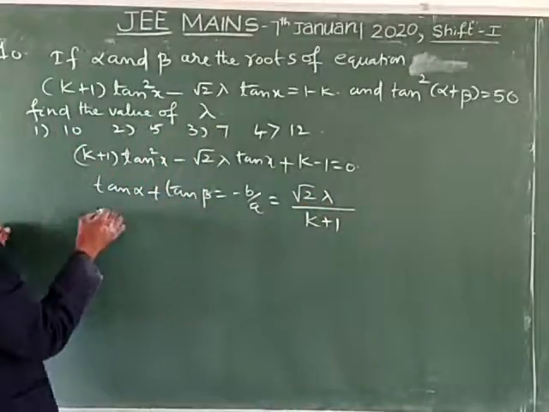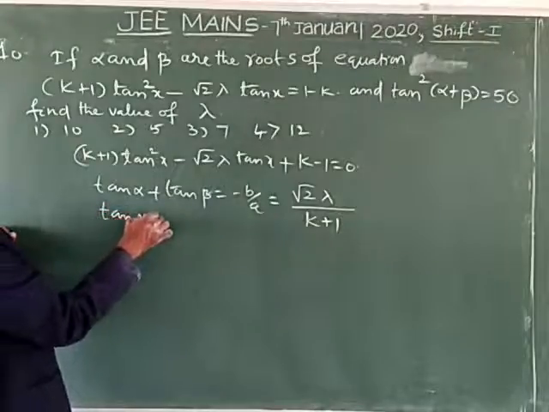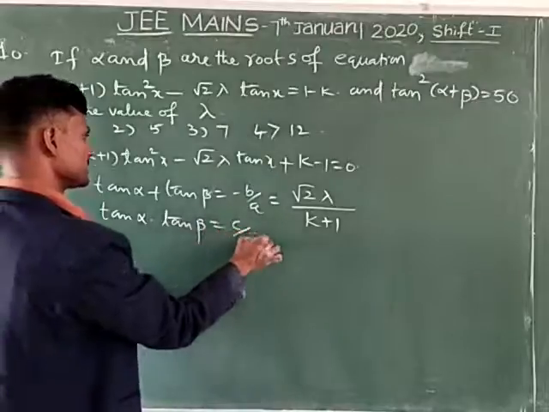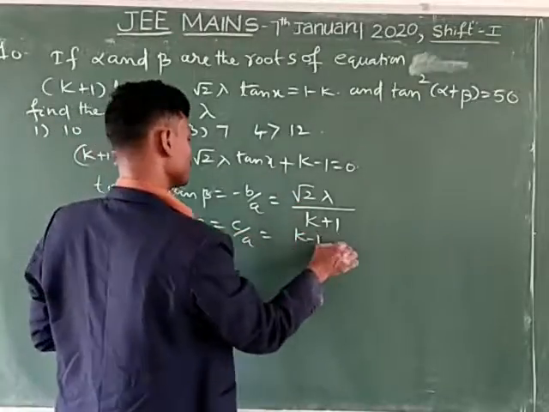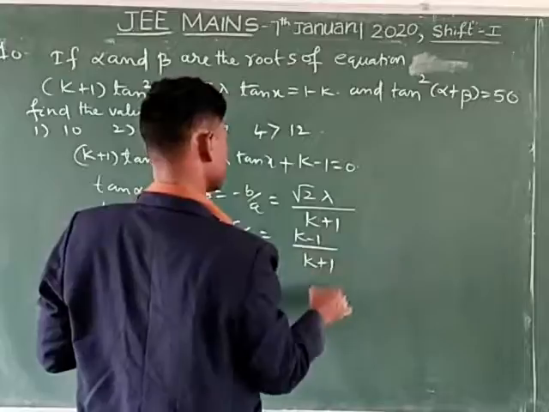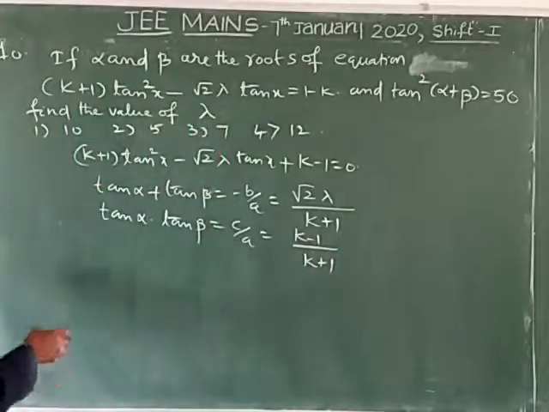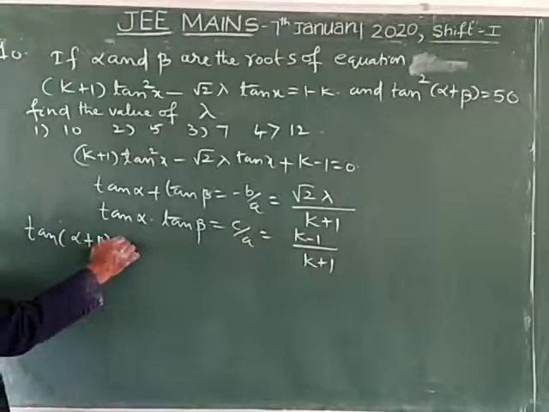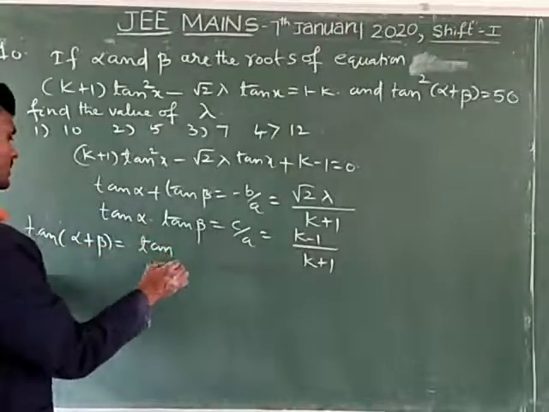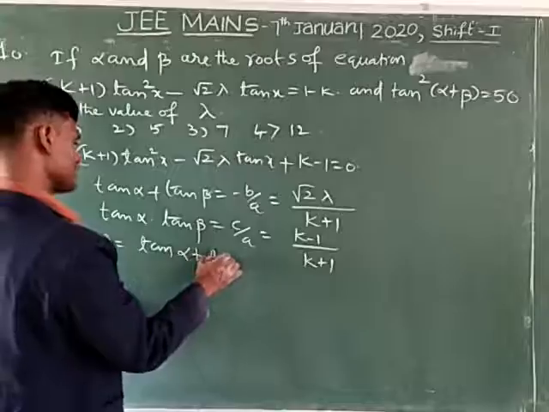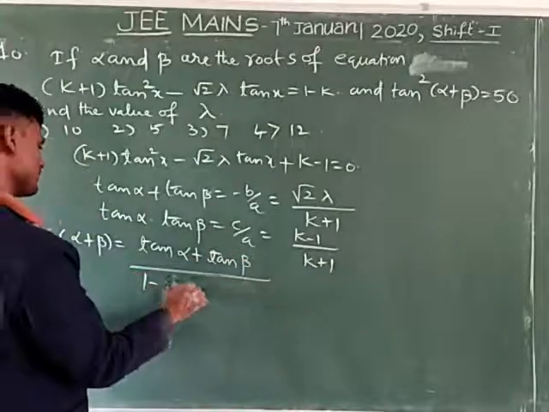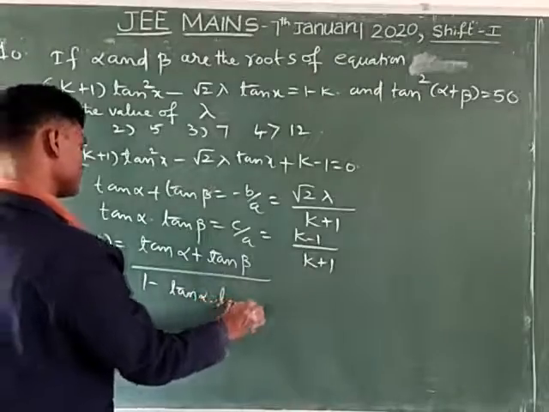Next, the product of the roots, tan alpha into tan beta, is equal to c by a, which is k minus 1 by k plus 1. Now write the formula: tan of alpha plus beta is equal to tan alpha plus tan beta by 1 minus tan alpha into tan beta.